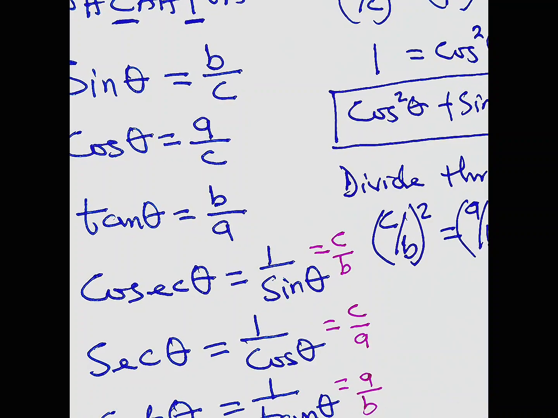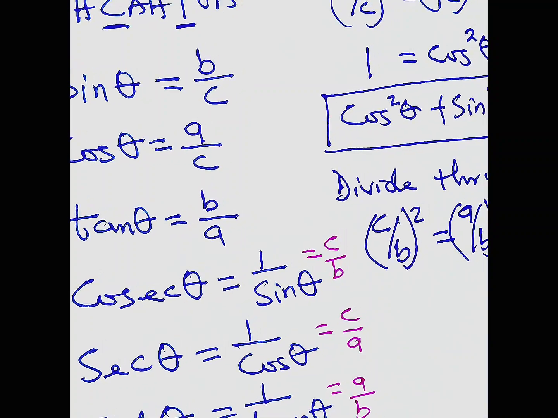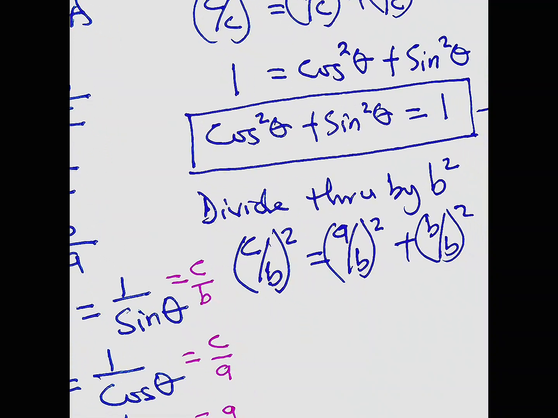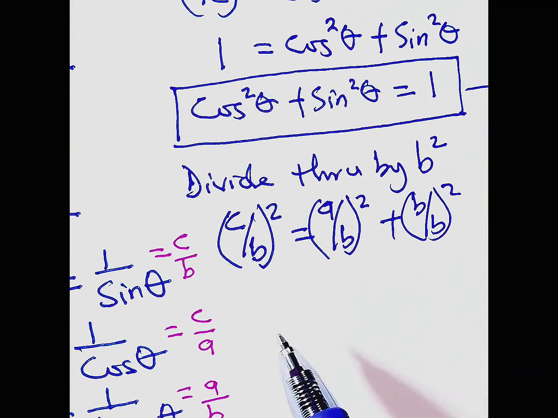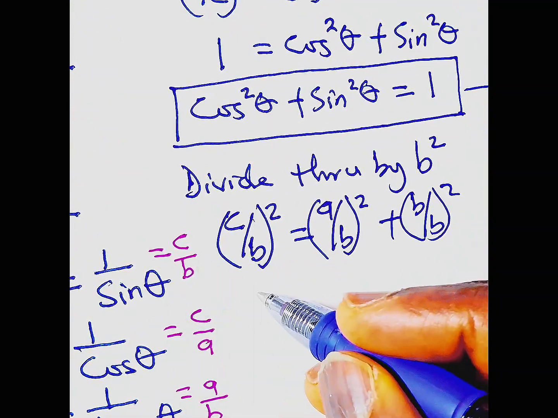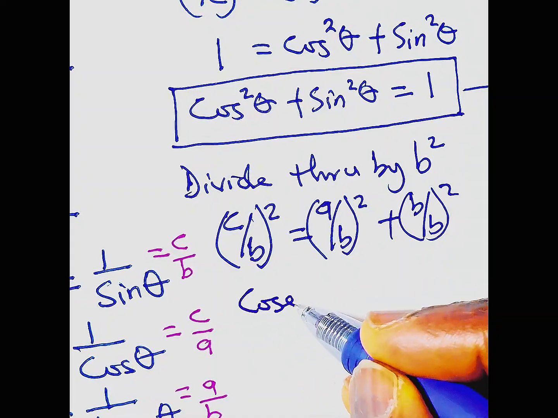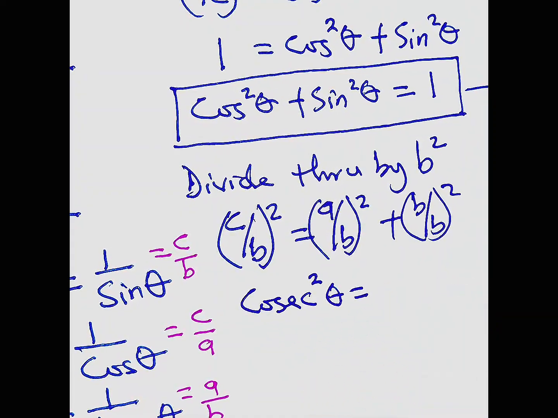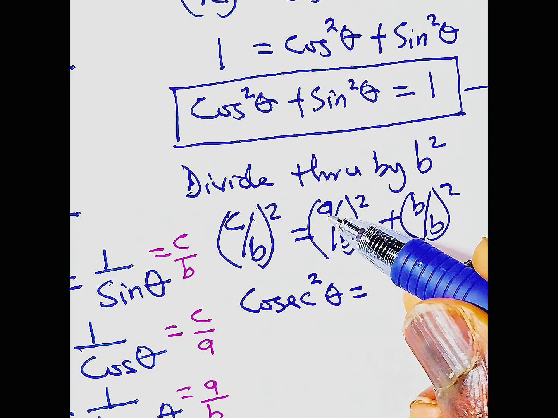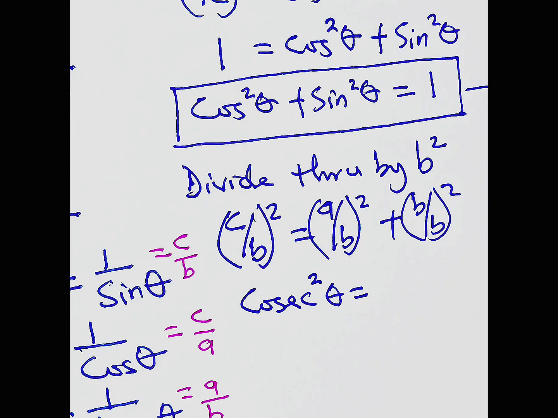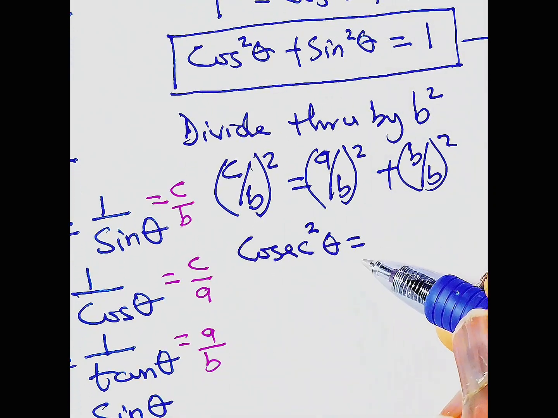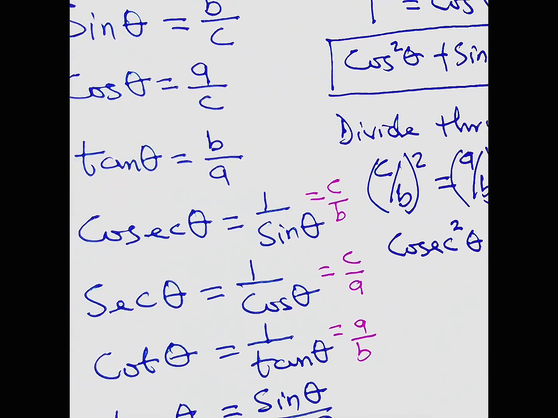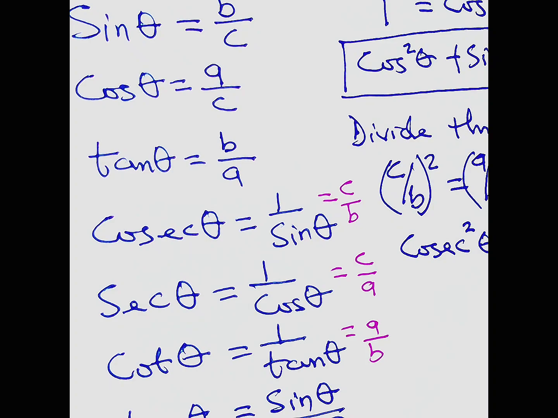I think we've done something fantastic in there. So in that way, c over b will be cosec theta, so we have cosec square theta, and a over b will be cot, because cot is 1 over tan theta.